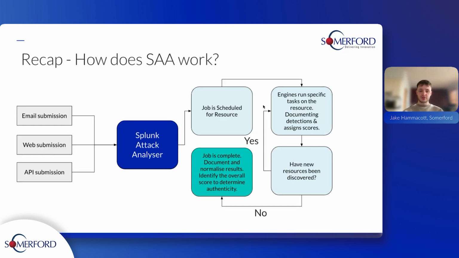That's a new resource, so it will go back and run new engine-specific tasks on that new resource, so that website, before again documenting detections and assigning scores, until Attack Analyzer is certain that there is nothing else left in that attack chain or potential attack chain. At that point, the job is complete.